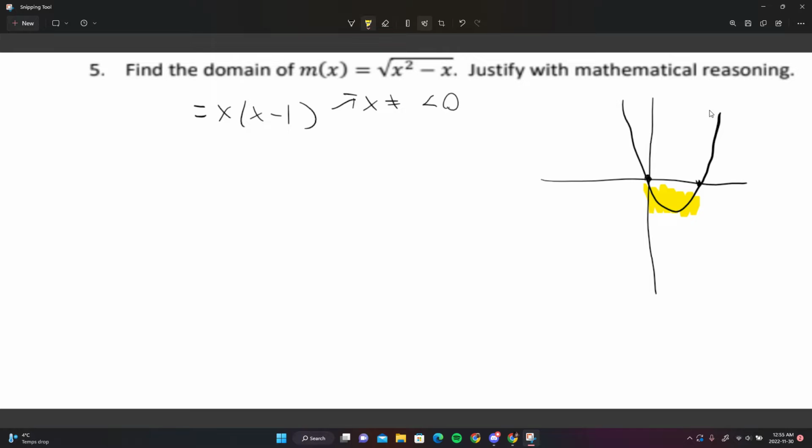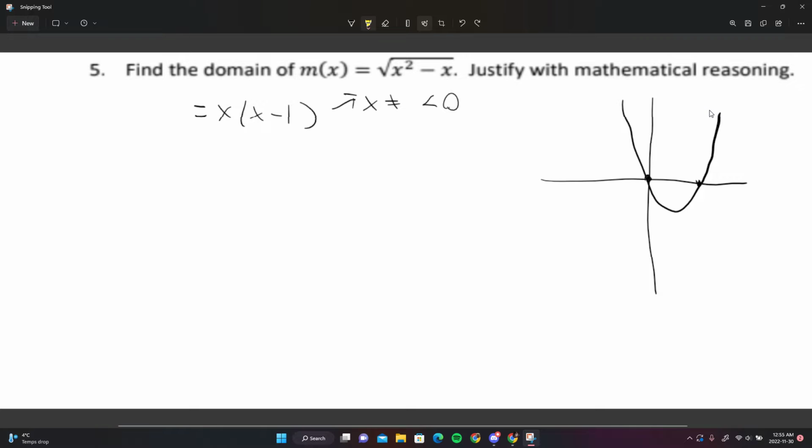That means anything inside here is not a part of the function because we can't have a negative inside our square root. That's an imaginary number, right? So we need to include everything outside, on the positive y-axis, into our domain.